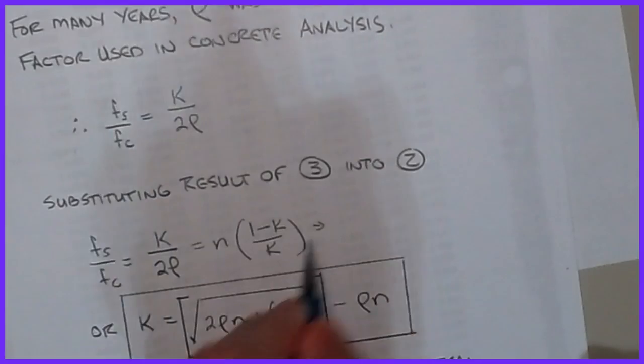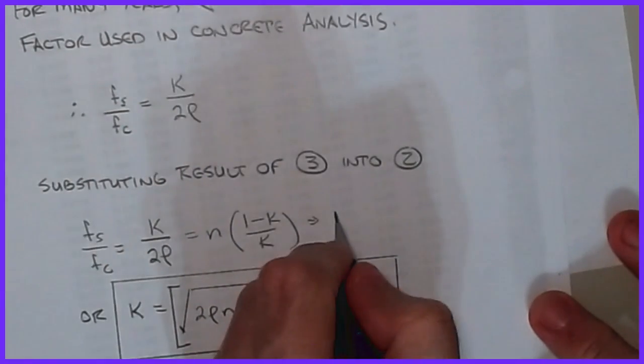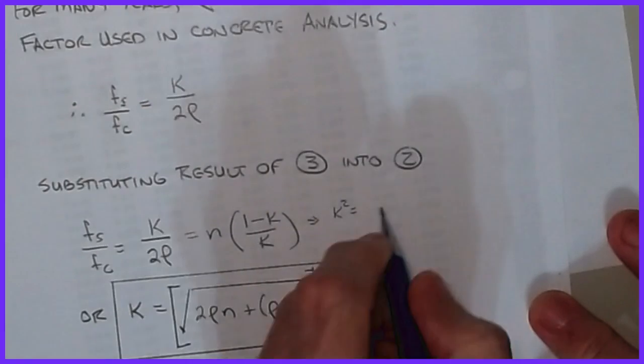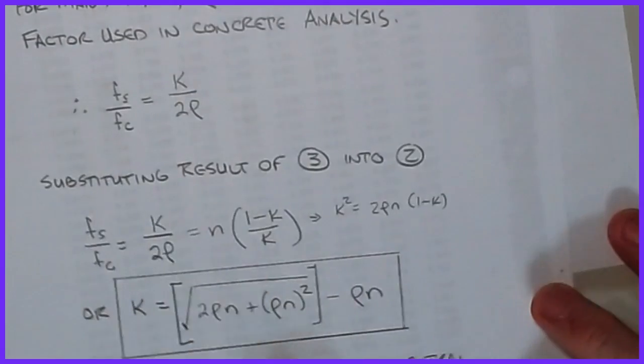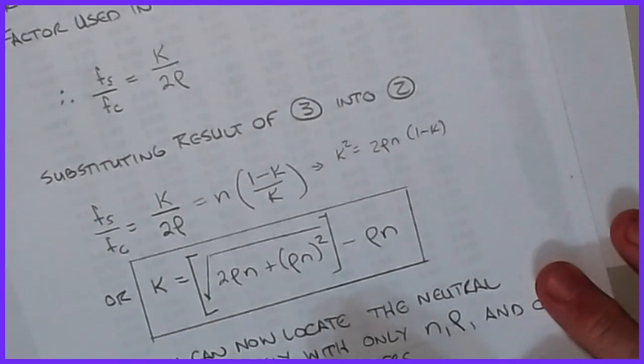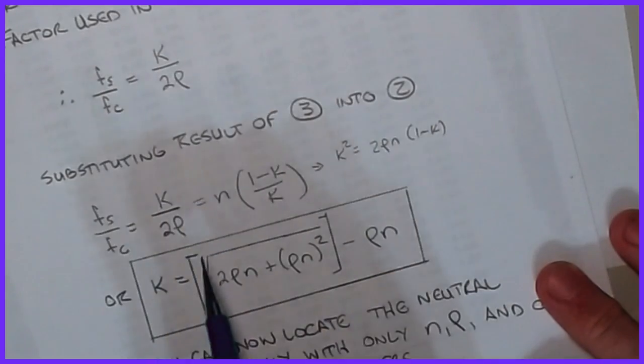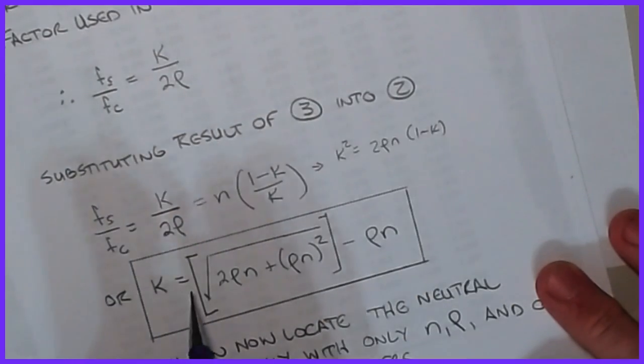K squared equals 2 rho N times 1 minus K. That's a quadratic equation if I rearrange it. And so if I apply the quadratic equation to this, I can solve for K.